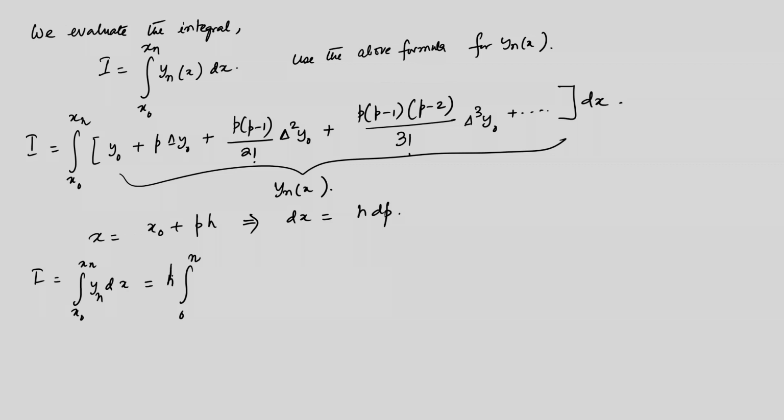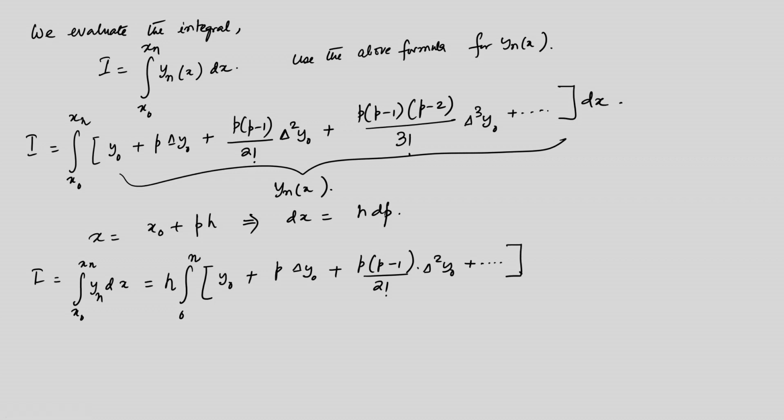Let us write it properly. h, and then you have y 0 plus p delta y 0 plus p into p minus 1 by 2 factorial delta square y 0 and so on, and then all right.